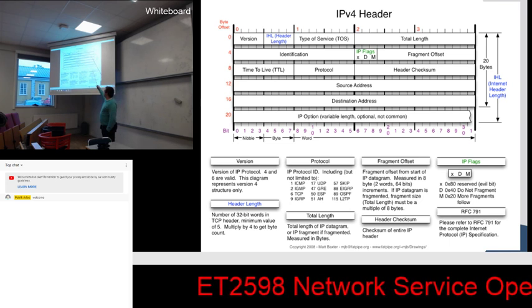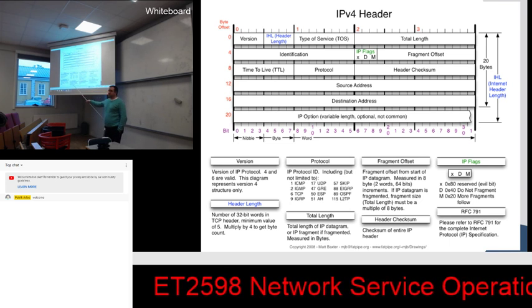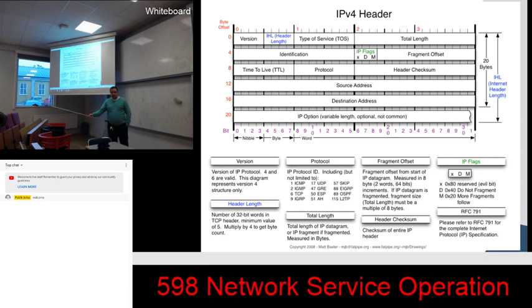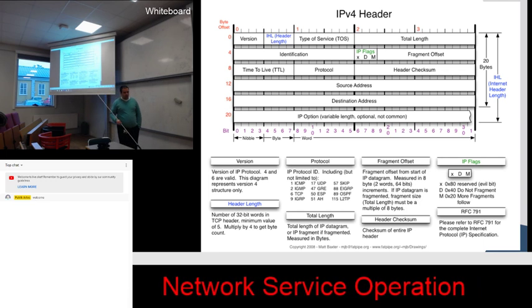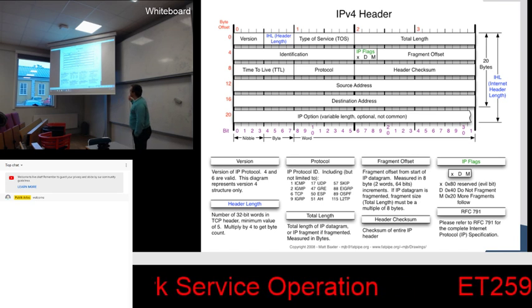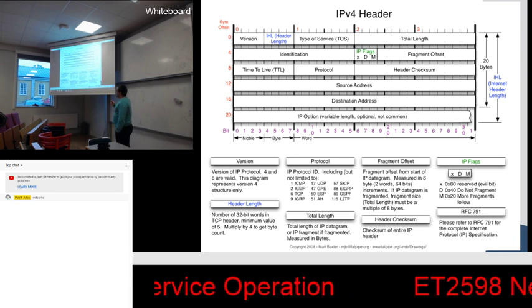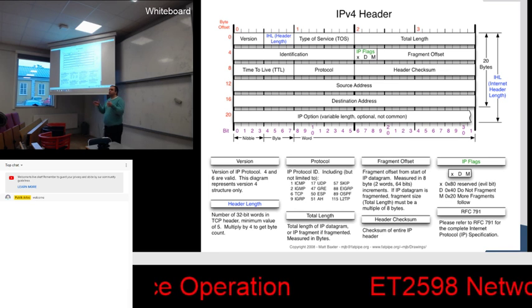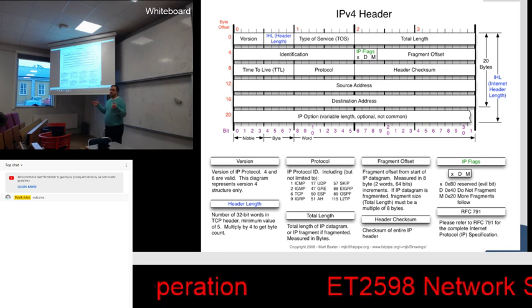Then we get to the header checksum. The point with the header checksum is to make sure that the packet has not been corrupted in transit.